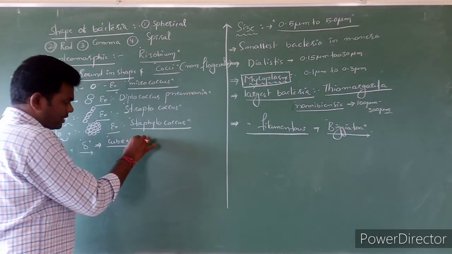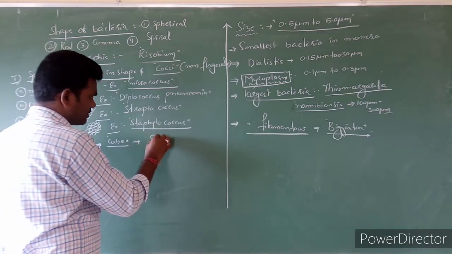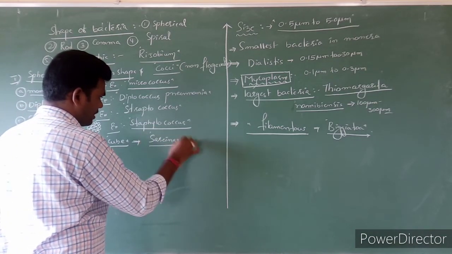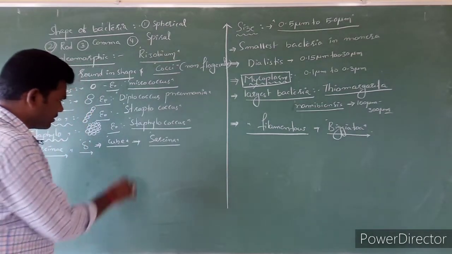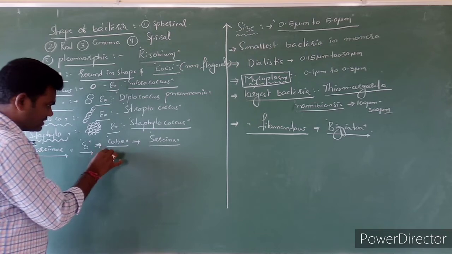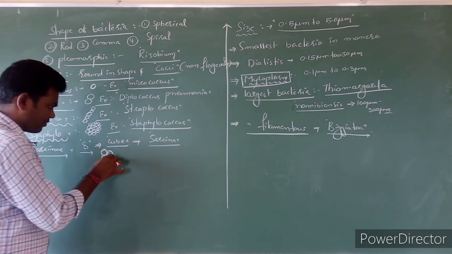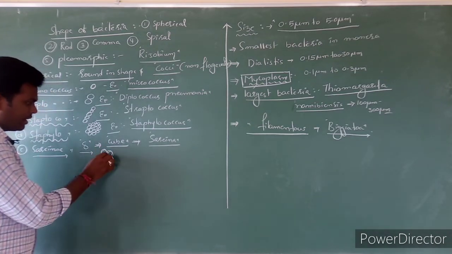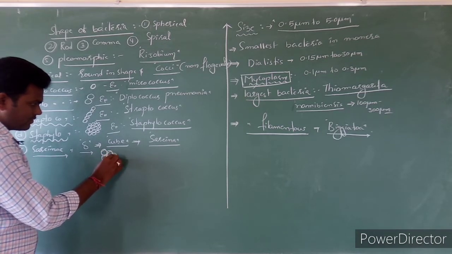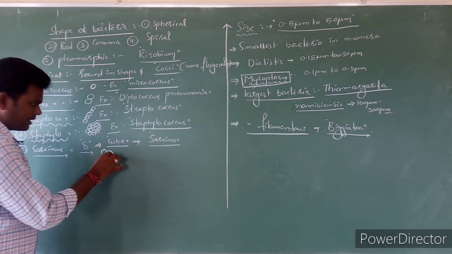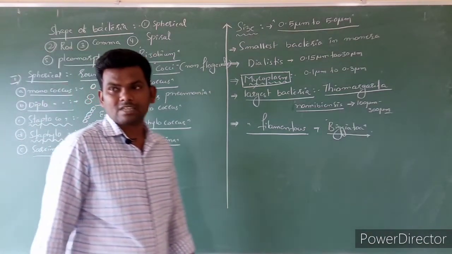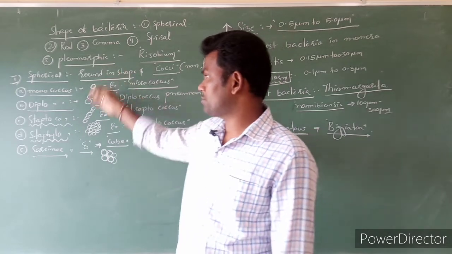So here the example is Sarcina. The diagram of bacteria is like a 3-dimensional view. We can notice 4, here one is 5 and 6, here 7 and here one more is 8. Like this arrangement occurs. Here these are the types of different shapes of the bacteria.